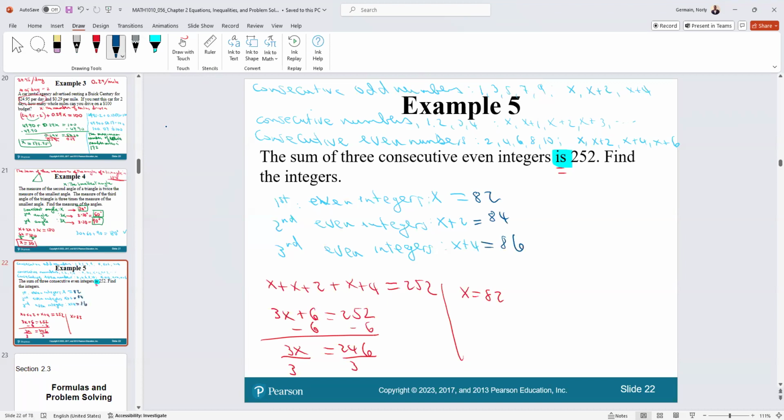So we find the integers are 82, 84, 86. If you want to try that, you can always do 82 plus 84 plus 86, I bet it's going to give you 252.